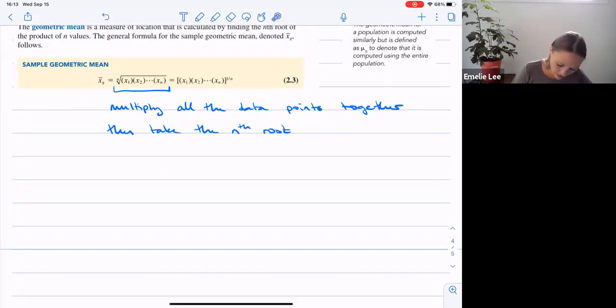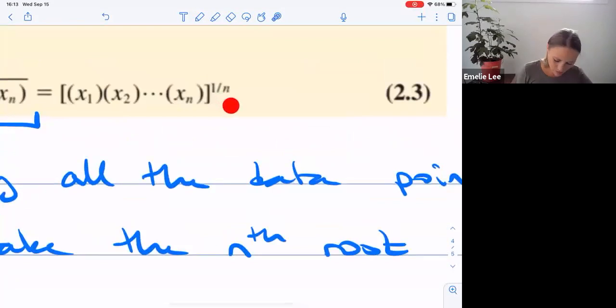And they've shown it here. If you're doing it by hand, you might have to raise it to the power of 1 over n. Your calculator probably has a square root button, but that's about it.